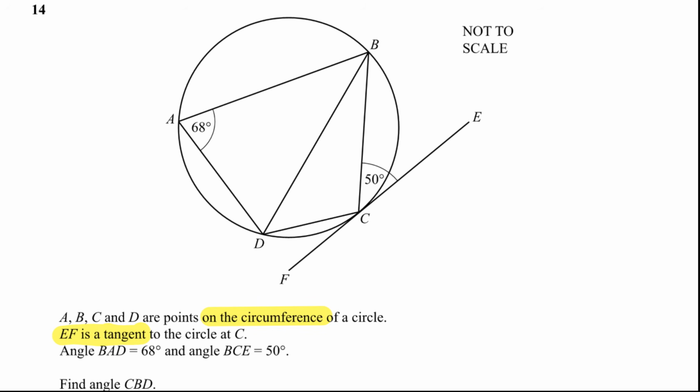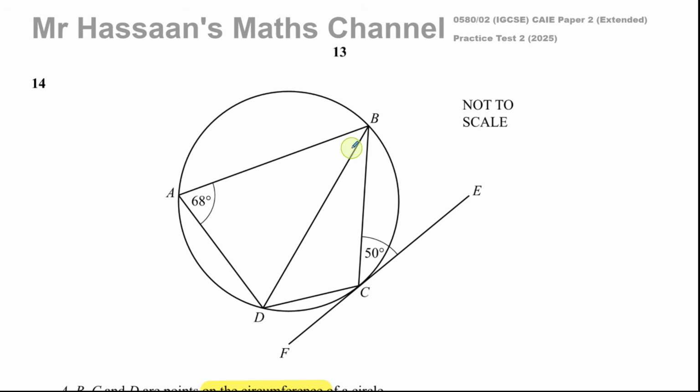So first of all, we need to be able to identify where the angle is that we want to find. It's asking us to find angle CBD, which is the angle over here. If you want to identify angle CBD, the letter in the middle is where the angle is, and the two letters on either side are where the arms of the angle are.